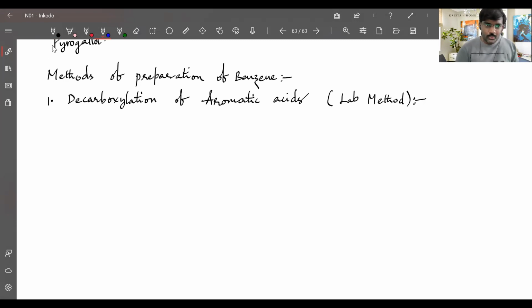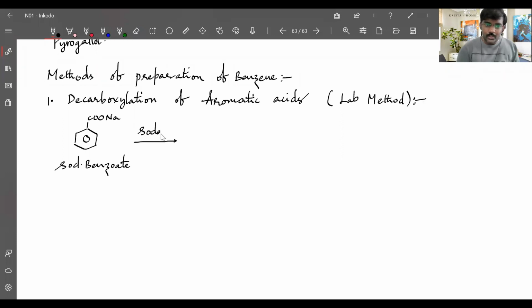Okay, so here what I am doing is I'll take benzoic acid initially, and mix it with sodium hydroxide, so that I'll be getting sodium benzoate, this one. Okay, this is sodium benzoate. So for this sodium benzoate, now what I need to do is add soda lime.